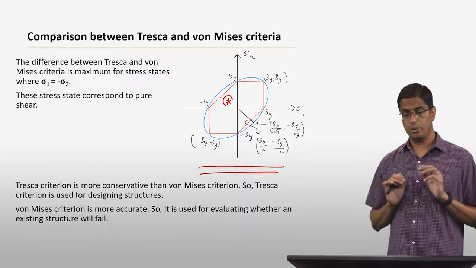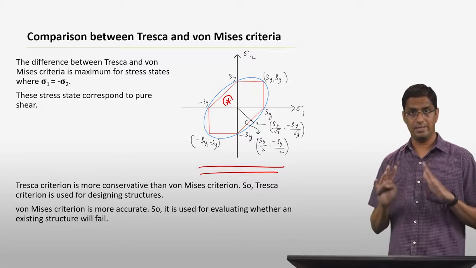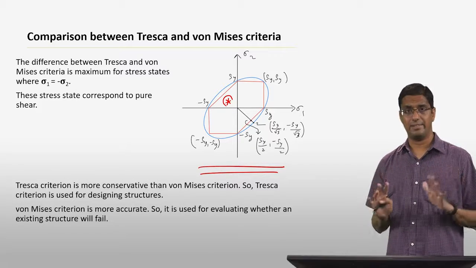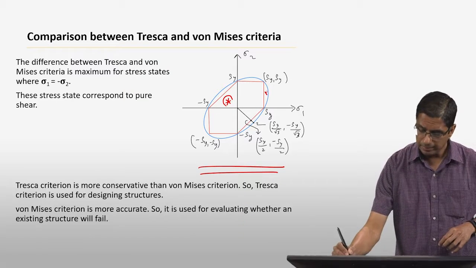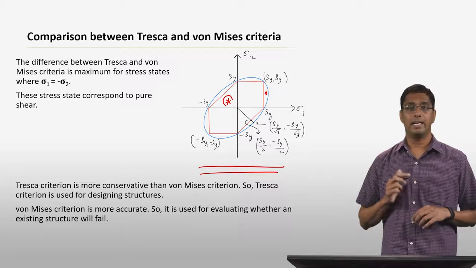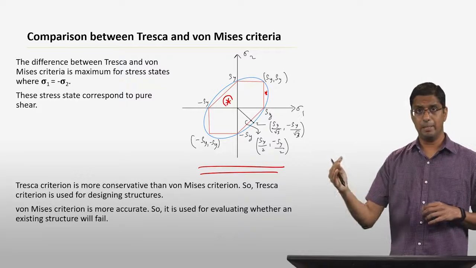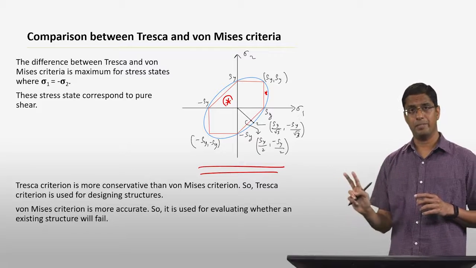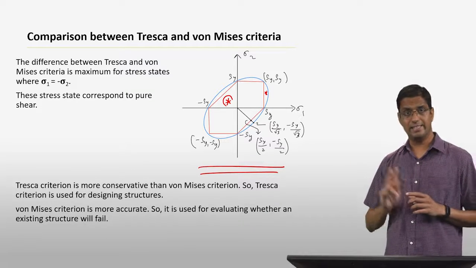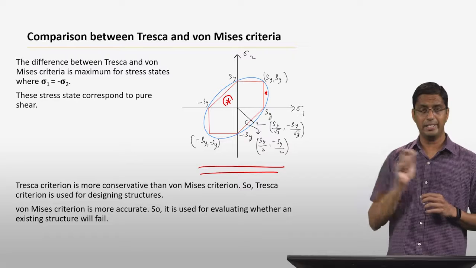So any point that is within the hexagon or hexagon-like structure is not going to yield. But if you think of a point somewhere here, outside the hexagon but inside the ellipse, then the two criteria actually say different things. The Tresca criterion essentially says that that particular point is going to yield.